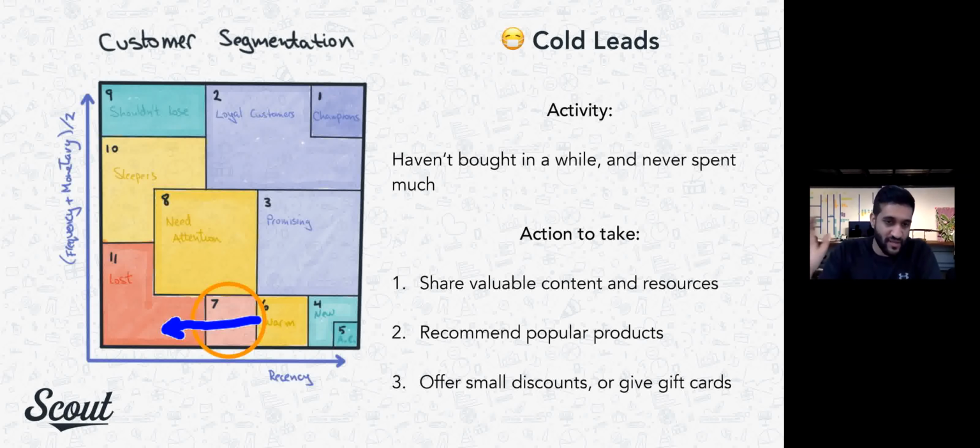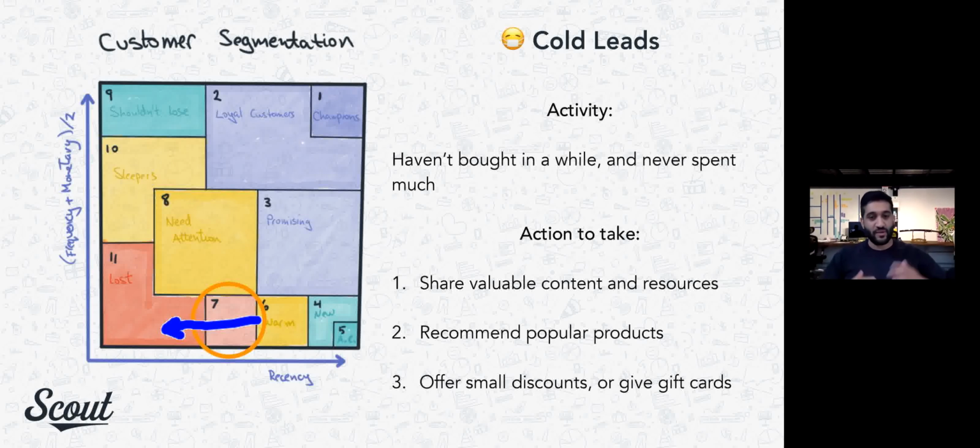But you still want to create some email campaign around valuable content, valuable resources. Even if you're selling something like clothing, you could send them some interviews with celebrities or influencers about fashion and their fashion choices and how they decide what they're going to wear.